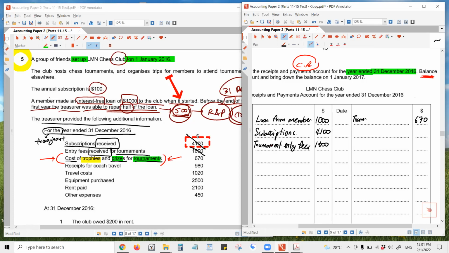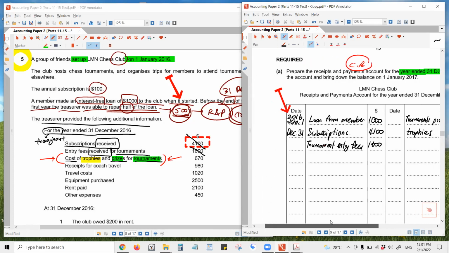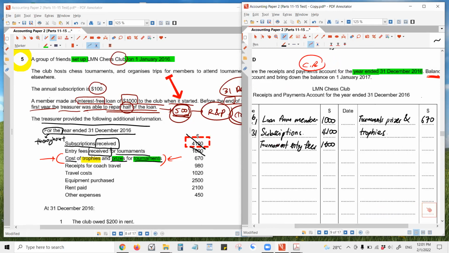So write it down. I don't think I have a choice here. Let me use the next row. Never mind, use the next row. It's okay. The date is, choose the year end. The year end is 2016, December 31st.